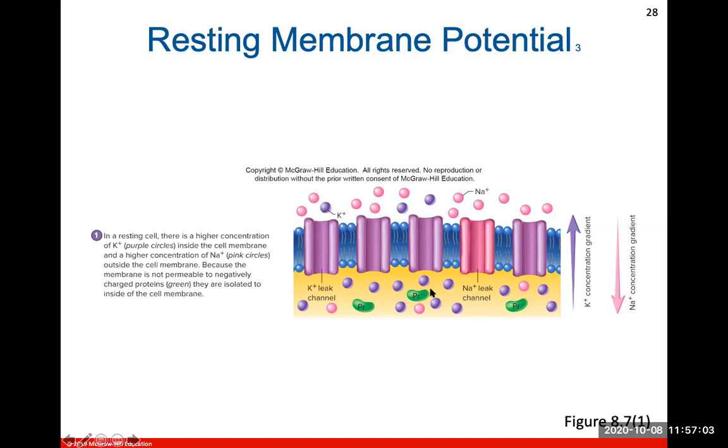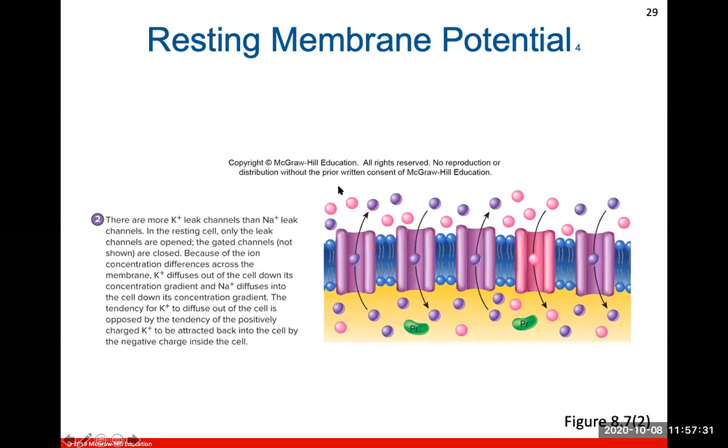And you can see how there's a greater concentration of potassium inside of the cell. Those are purple, and there's a greater concentration of sodium outside of the cell. Those are pink. And these arrows, purple and pink, show the direction that potassium and sodium will travel when the channels open.